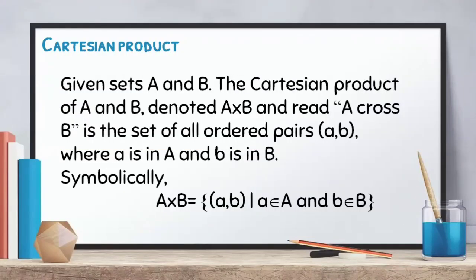So given sets A and B, the Cartesian product of A and B is denoted A cross B, right? That is read as A cross B, and it is the set of all ordered pairs (a, b).